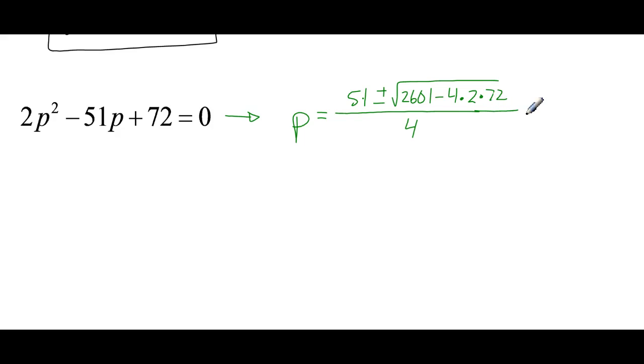So okay, continuing with the calculator, 2601 minus 4 times 2 times 72 equals 2025. So 51 plus or minus the square root of 2025 over 4.